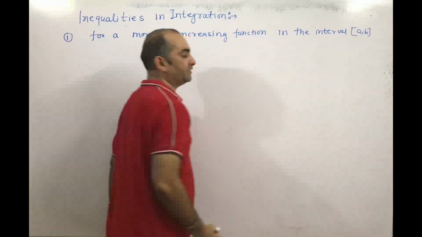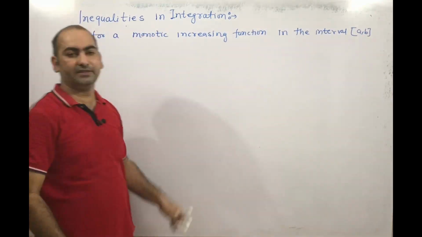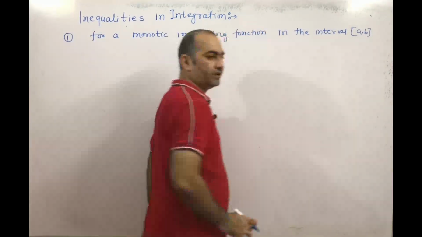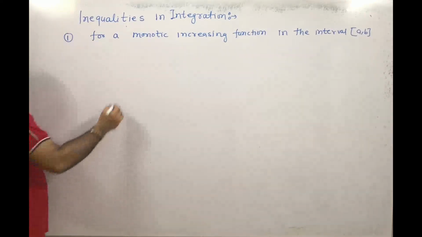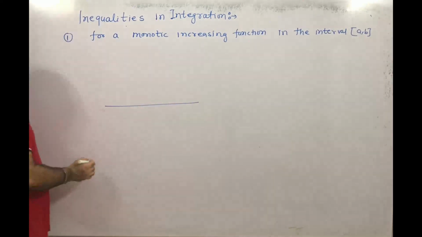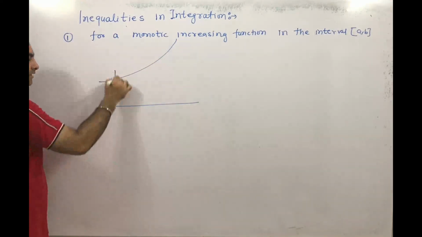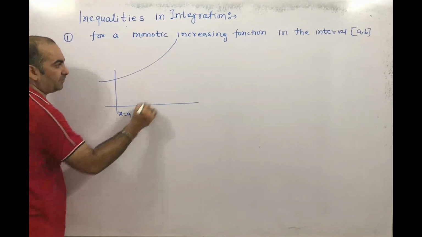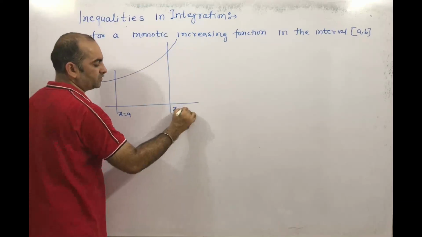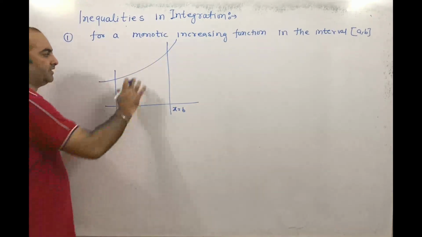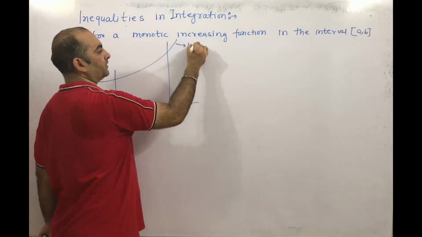So if a function is monotonically increasing in the interval a to b, this is the function, lower limit is x equal to a, and upper limit is x equal to b. For that, this function we can name y equal to f(x).